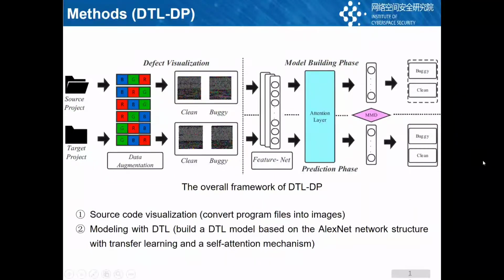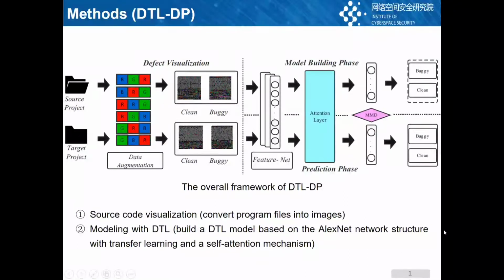The overall framework of our approach, deep transfer learning for defect prediction, is shown in the figure. It is comprised of 2 stages. The first is source code visualization, and the second is modeling with DTL, which is short for deep transfer learning.